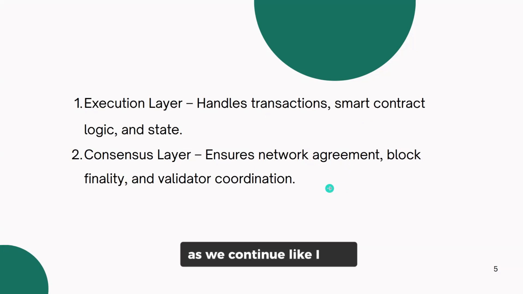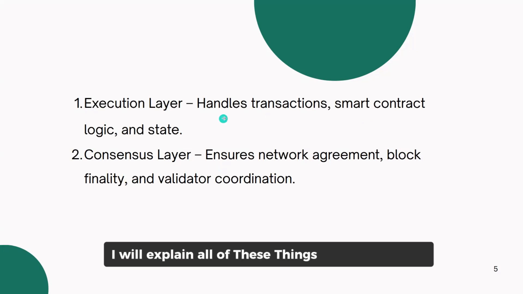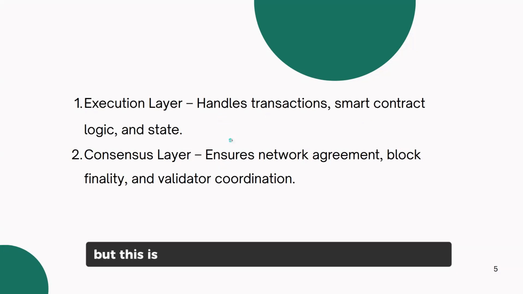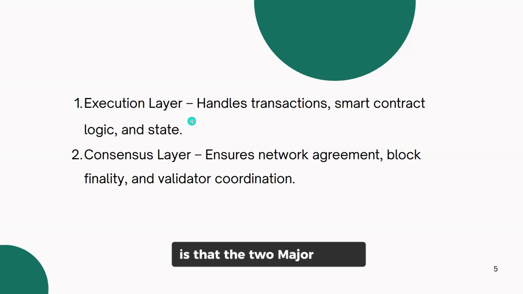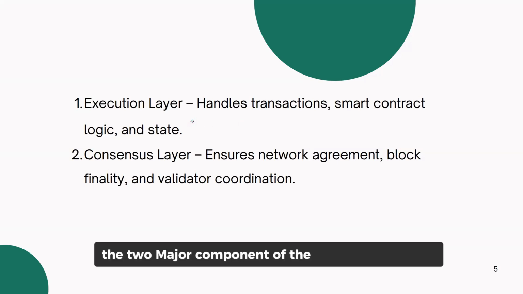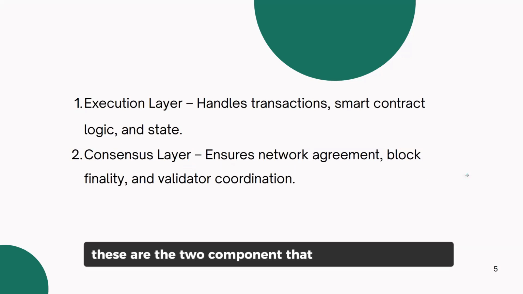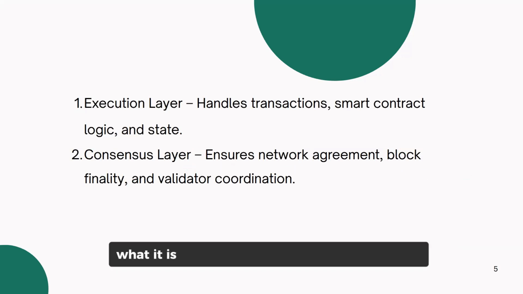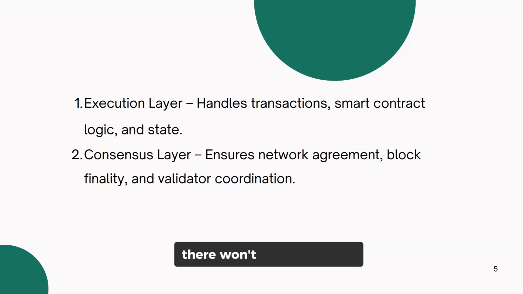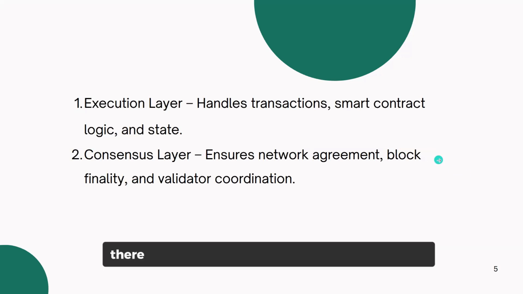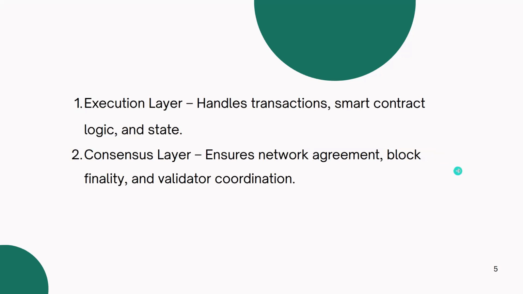As we continue, I will explain all of these things as we go further. But I repeat, the two major components of the Ethereum protocol are the execution layer and the consensus layer. These are the two components that make up Ethereum as it is today. There won't be Ethereum if there is no execution layer and consensus layer.